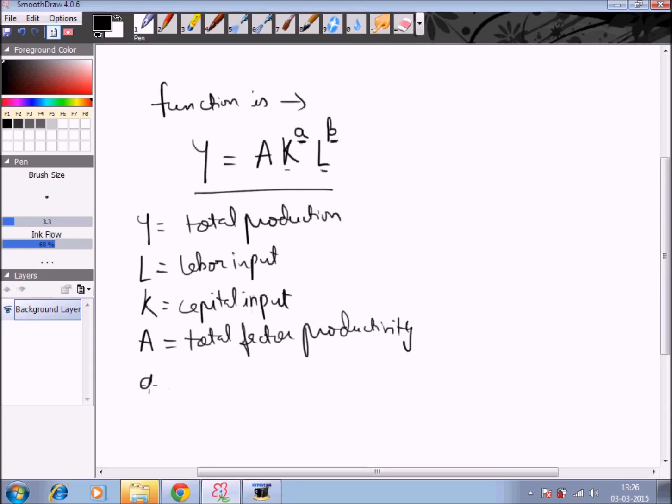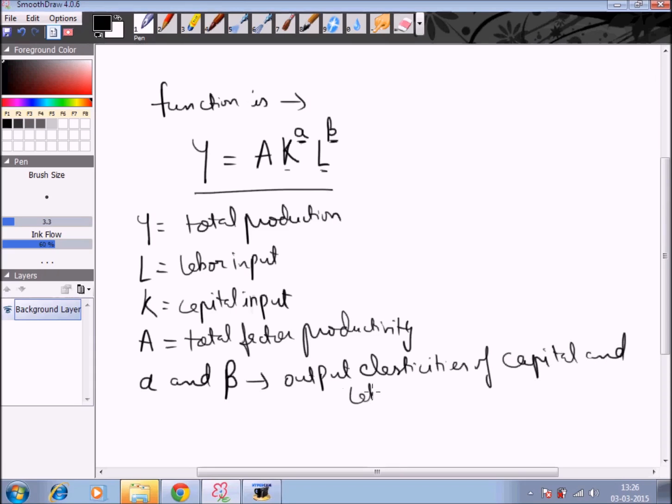So alpha and beta here are the output elasticity of capital and labor.